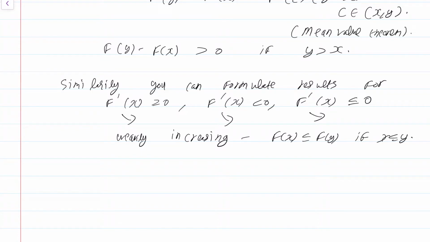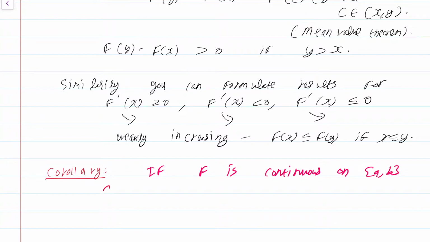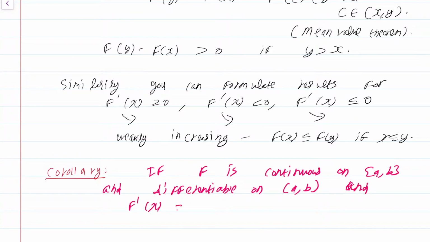We have a nice corollary of the previous proposition. The corollary says the following. If f is continuous on the closed interval [a, b] and differentiable on the open interval (a, b), and if f prime of x is 0 on (a, b), then f is constant.